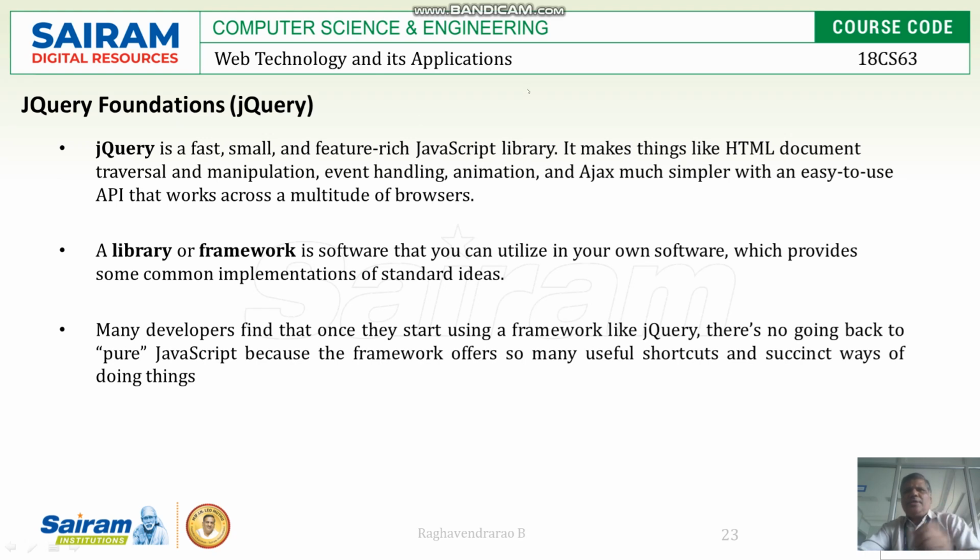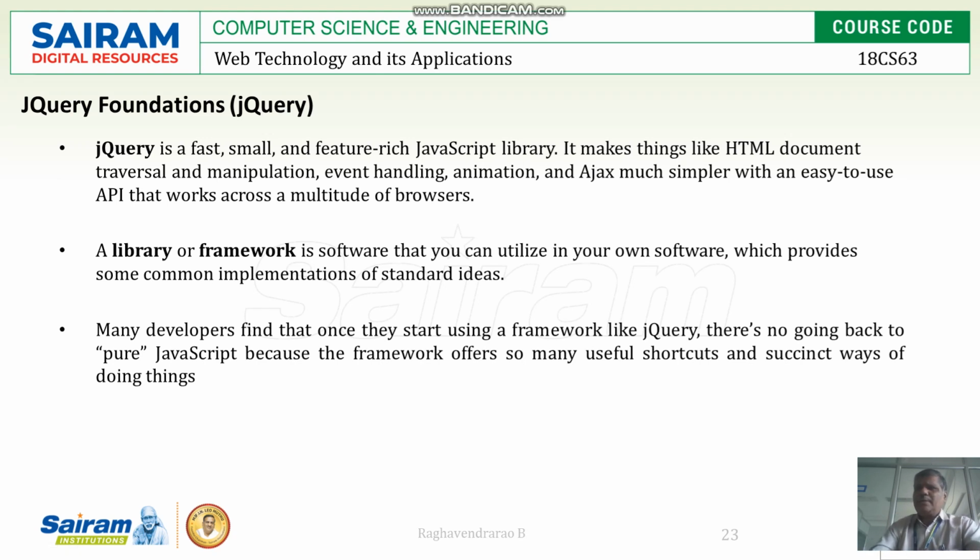jQuery basically is a fast, small and feature rich JavaScript library. In one line you can say it is a fast, small and feature rich JavaScript library. All the information is going to be present in this. It makes HTML traversal and manipulation simple, and event handling is also possible, animation is also possible.